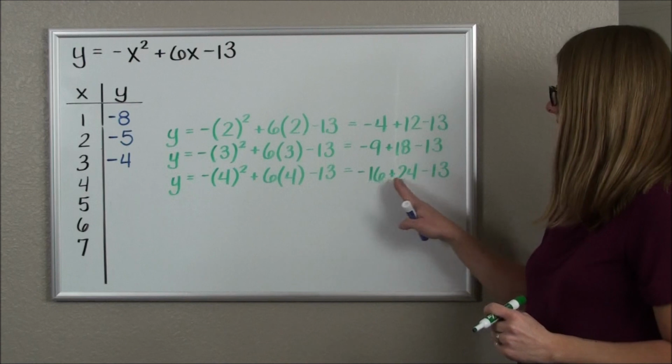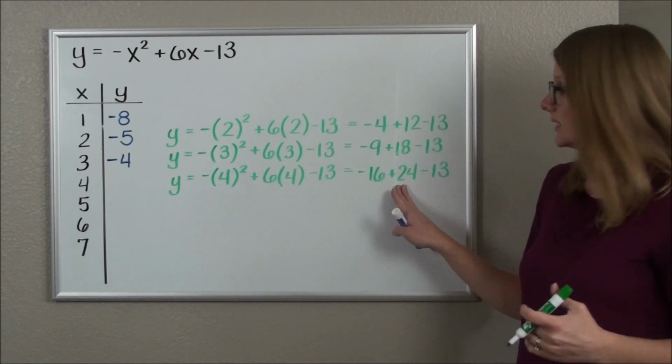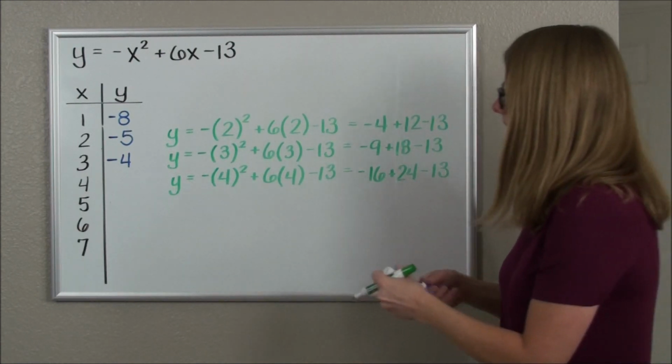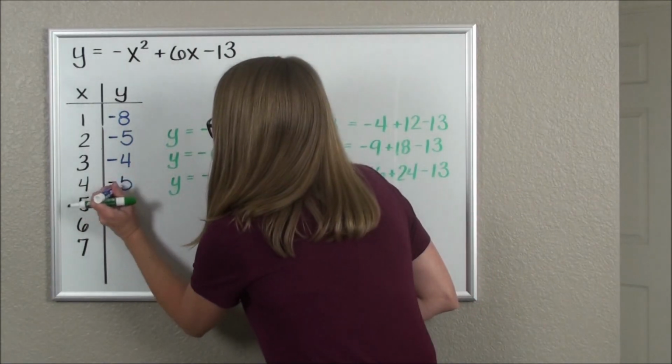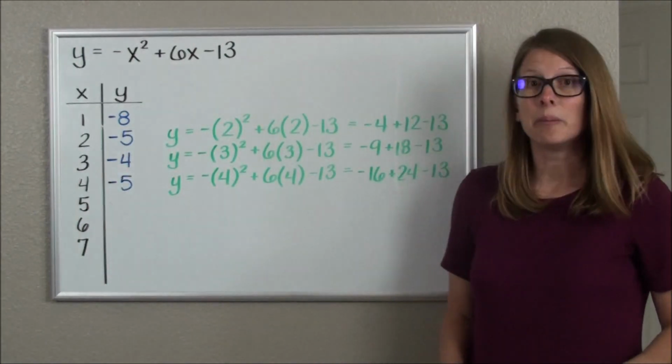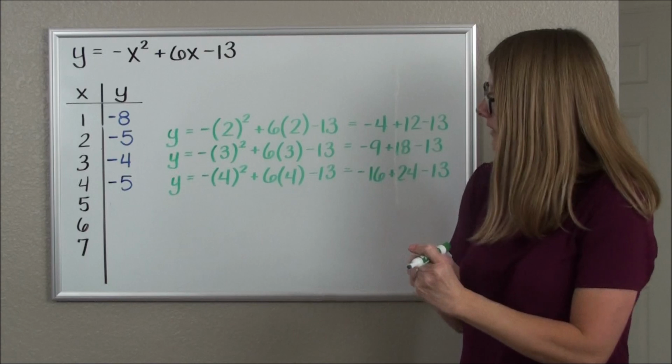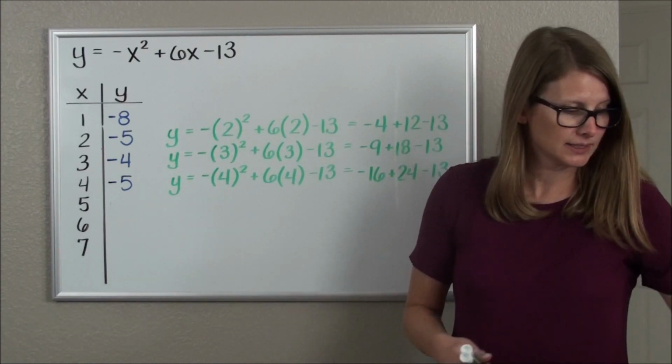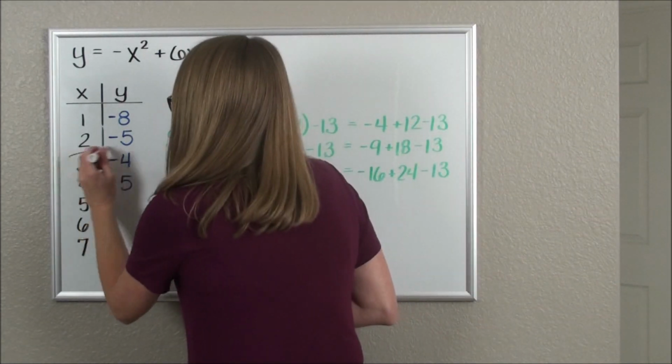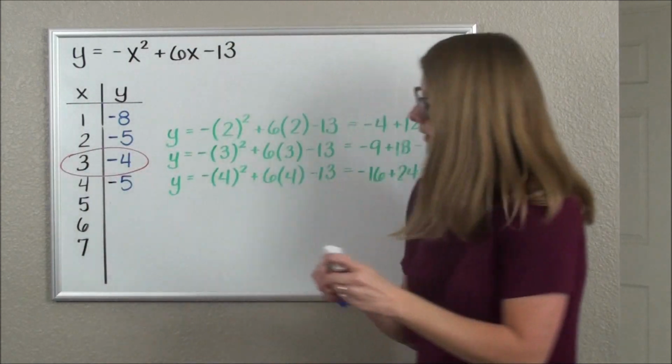So negative 16 plus 24 gives me 8. 8 minus 13 is negative 5. Now I see a mirror. I see the negative 5 repeats itself. So there is my mirror.